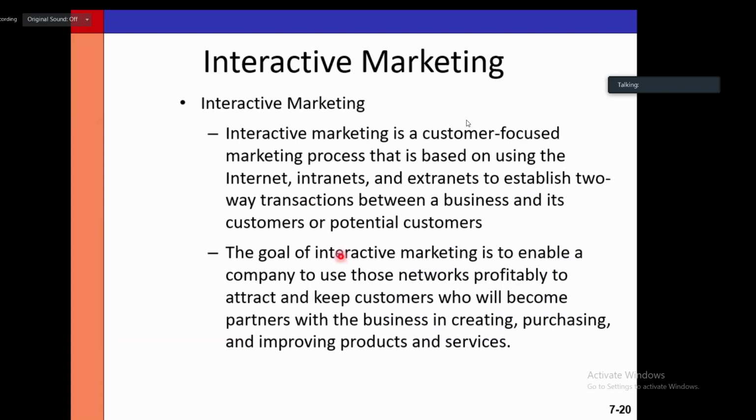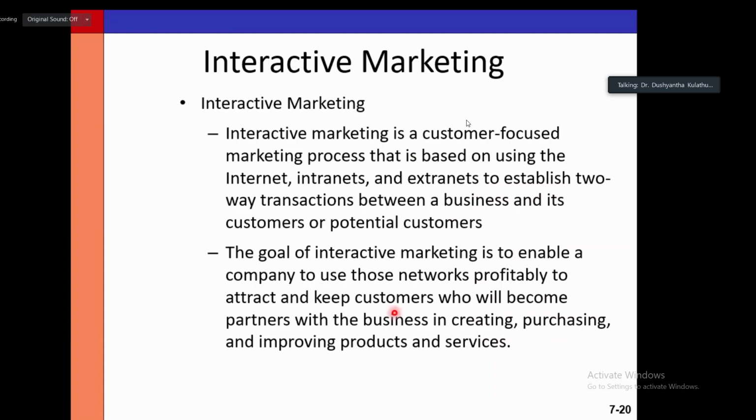The goal of interactive marketing is to enable a company to use those networks profitably to attract and keep customers who will become partners with the business in creating, purchasing, and improving products and services. The goal is to use these networks in a profitable, low cost manner.